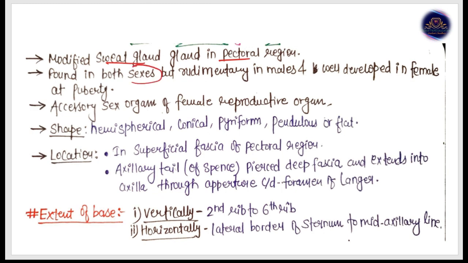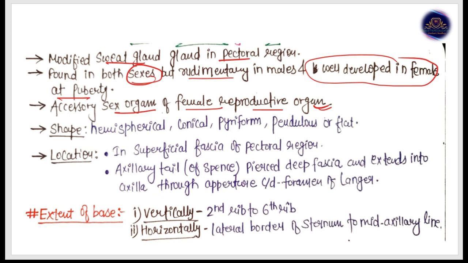It is found in both sexes, but it is rudimentary in males, and it is well developed in females at puberty. In females it develops more, okay. You can say it is an accessory sex organ of the female reproductive system. This is all about the introduction you have to write first.